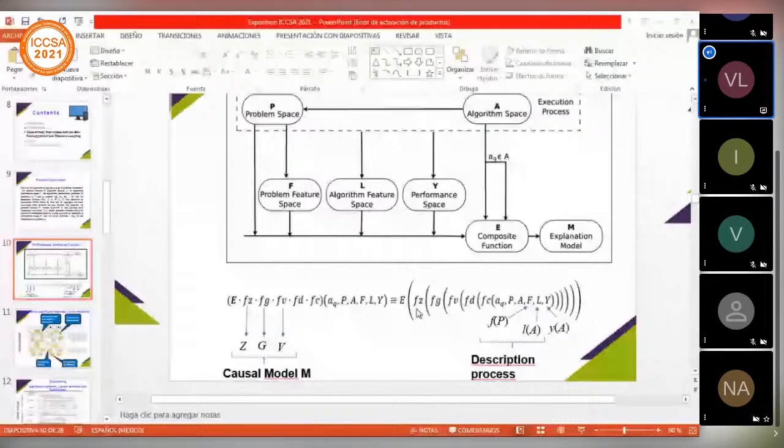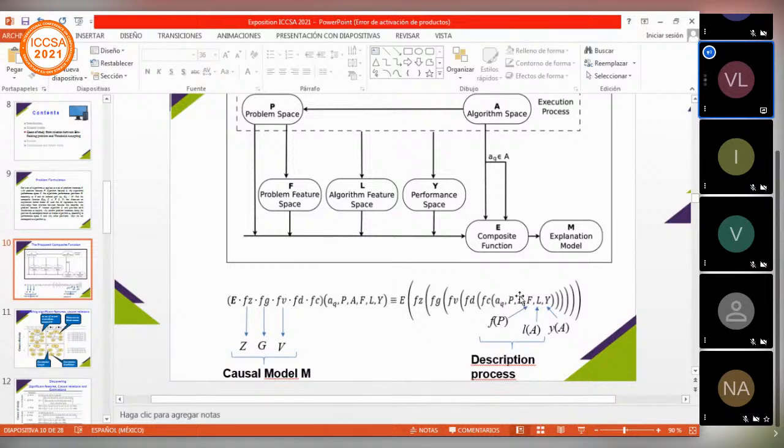The domain of this composite function. So, our parameters: the interest algorithm first. Next, the space of problems and the space of algorithms, also a set of algorithms applied to a set of problems P, okay?